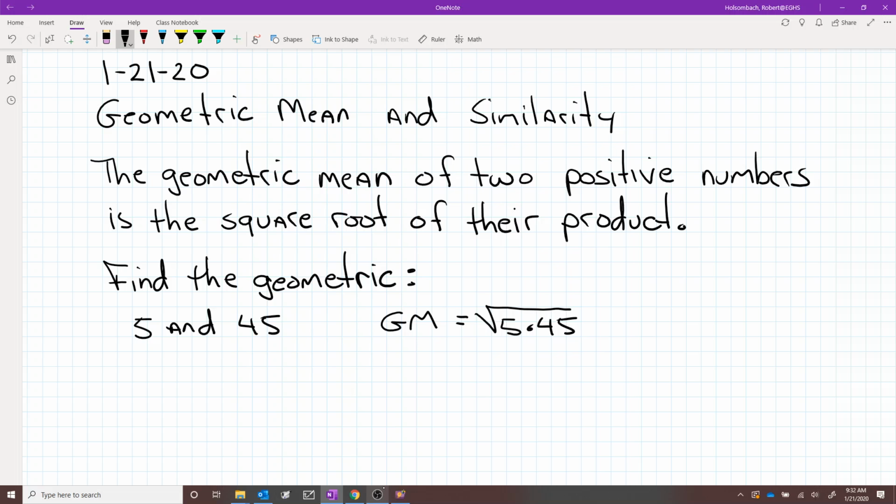So it's just a calculator problem. You take 5 times 45 equals, and you push the square root button. So the geometric mean of these two numbers is 15.